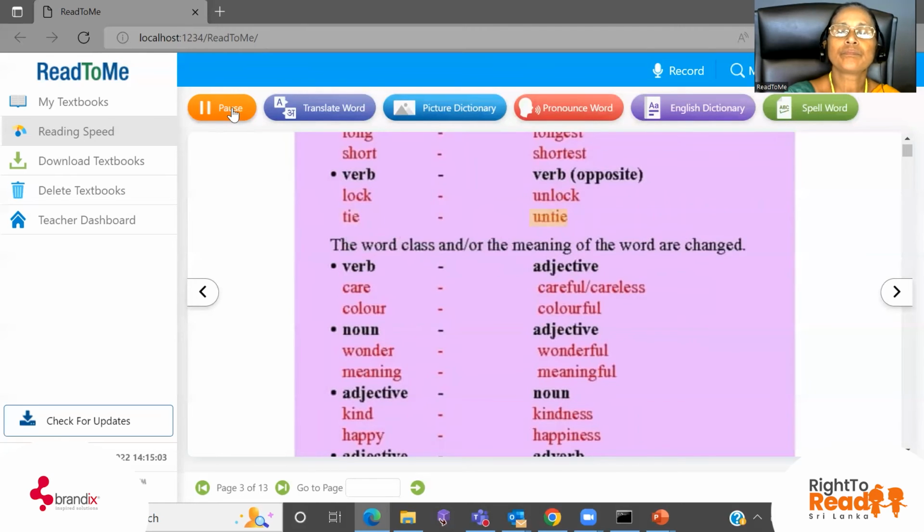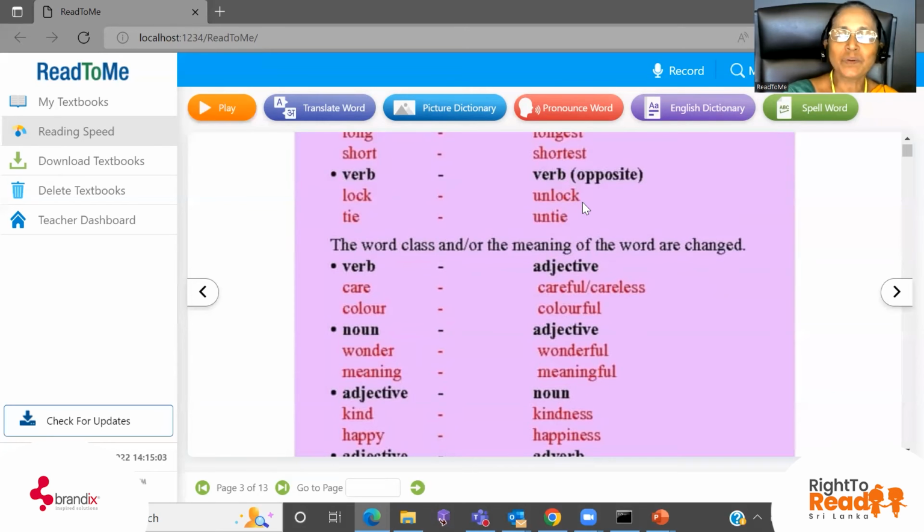Then the next word, tie, untie. You can tie the things together with a ribbon. Then you can untie. Both are verbs. When you use a prefix as in unlock, untie, the word class remains the same.